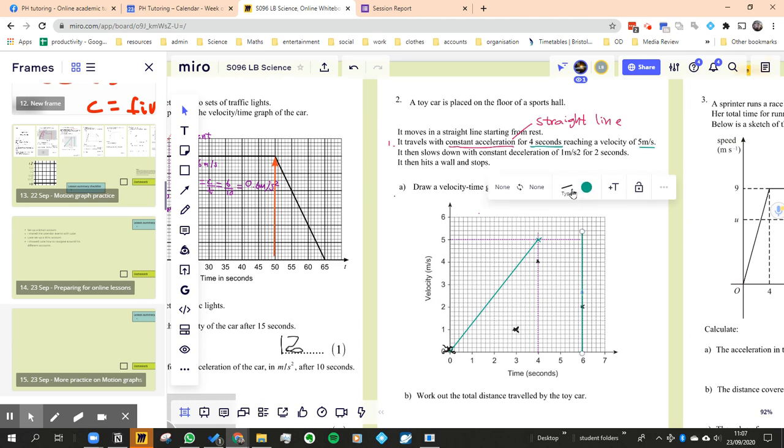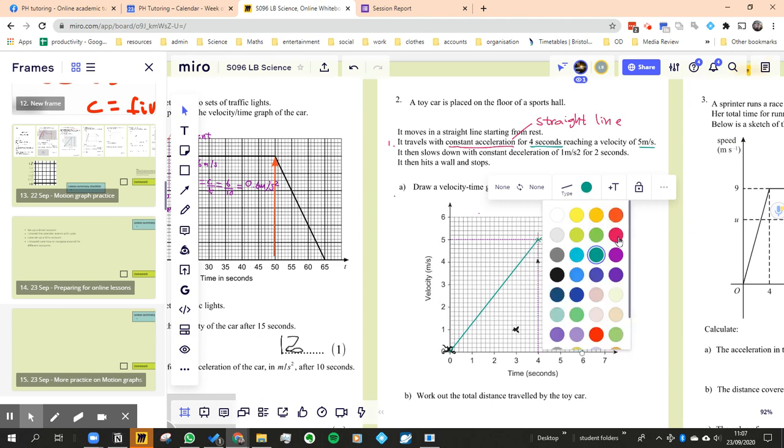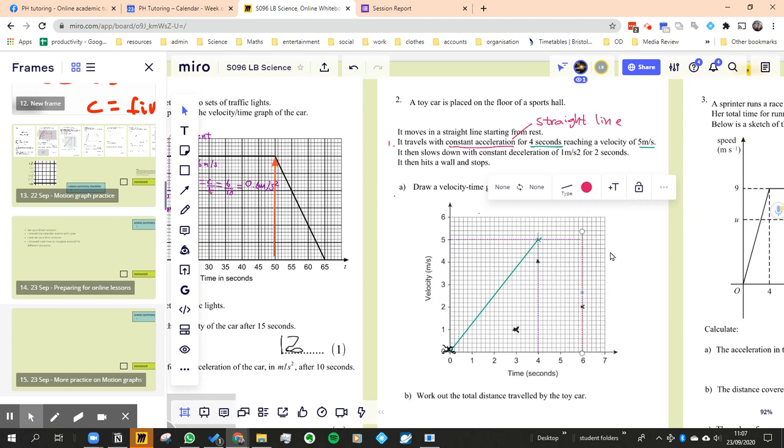I'll change it to a dotted line and make it a different color. So something's going to happen along that line, because it said it's going to decelerate, so it's going to go down. But we need to work out what it's going to go down to, with an acceleration of 1 meter per second squared. That should say squared, but the formatting didn't let it work, obviously.